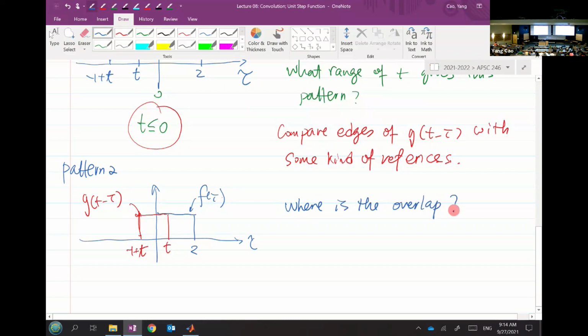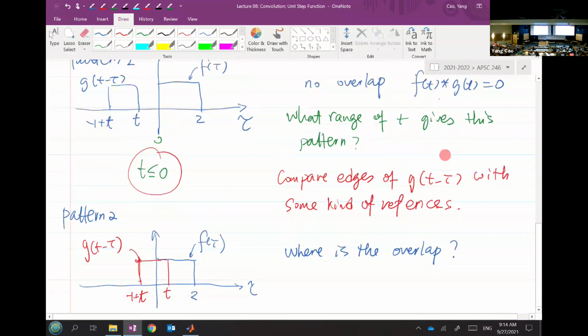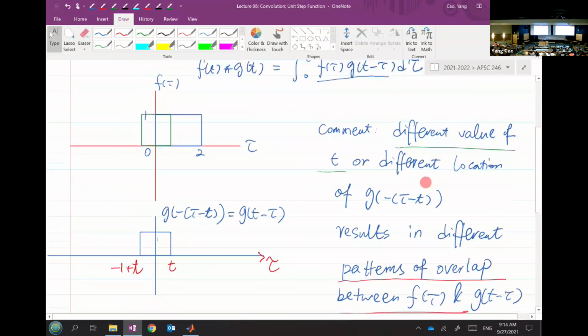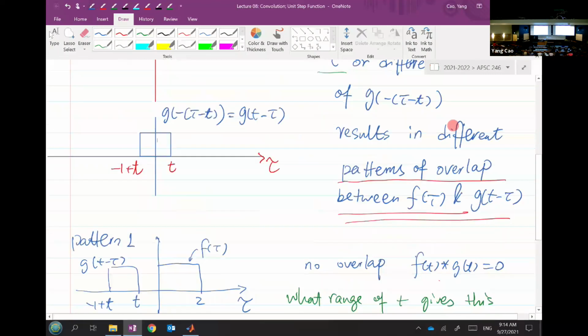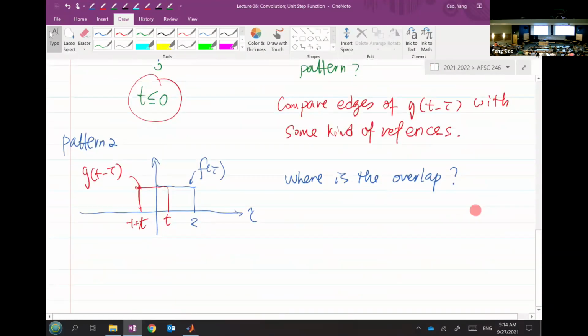You ask the question, where is the overlap? The answer to this question gives you the integral limits because you're integrating the multiplication of two graphs. And you don't need to integrate any 0 portion, right? You only integrate the overlapped portion. So obviously in this part, the overlap happens over here.